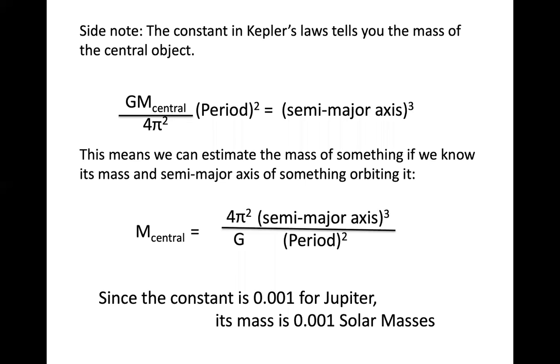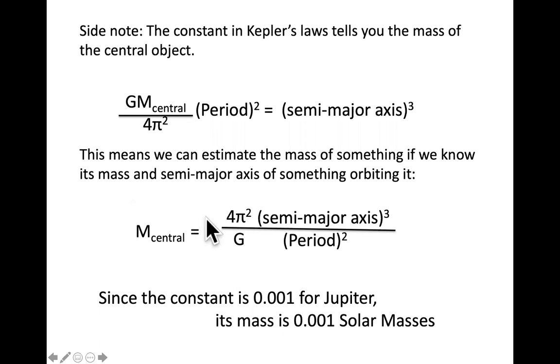Now, if you are a formula-loving person, this slide just gives you a quick sense of how you actually do that. I am not expecting you to memorize this formula, to be clear.